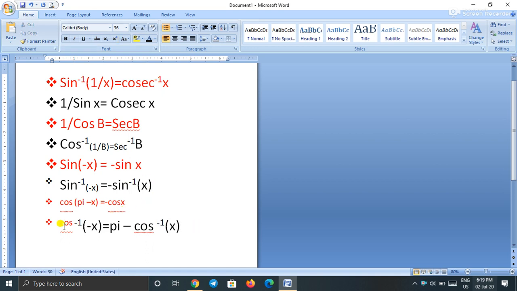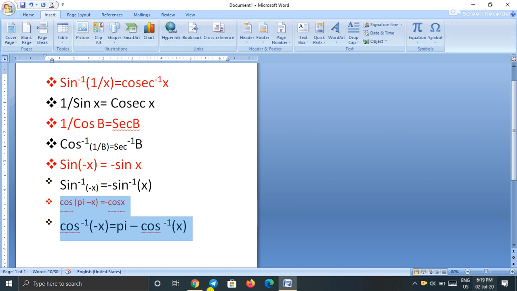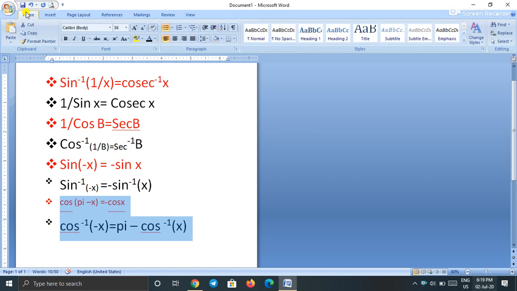This is the form of this formula. See the similarity of these two formulas. I will also provide this document file in the link in the description of this video.